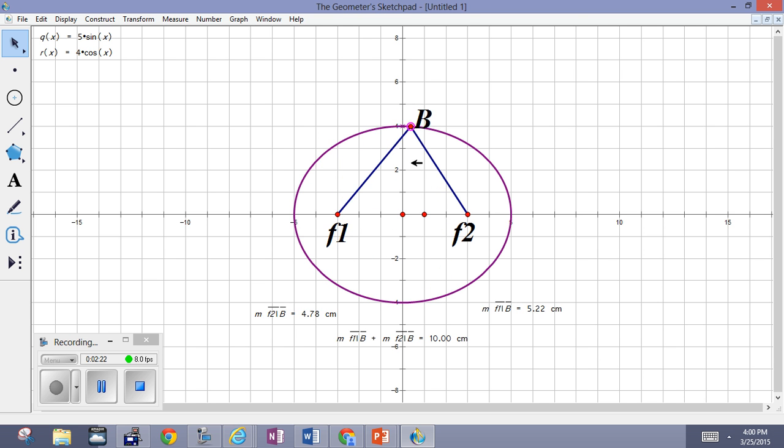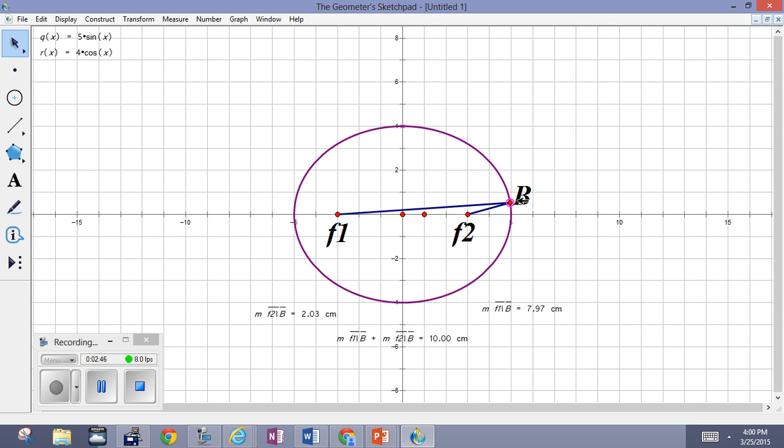And what is that length 10? Well, that length 10 is the length of the major axis. We can explain that by sweeping this around to this position right down here. We'll have to move to that in a smaller sequence to explain it to you.